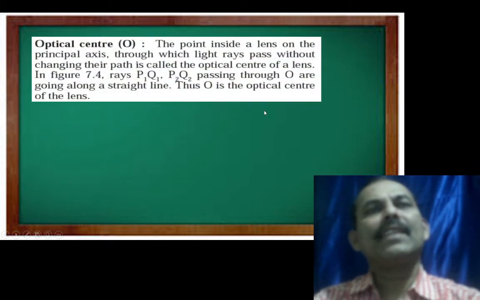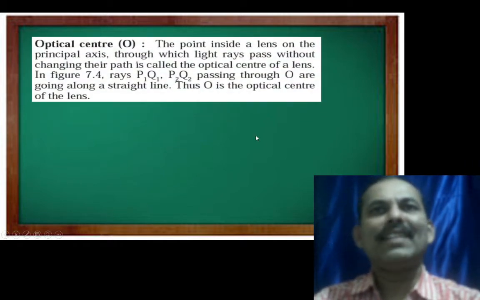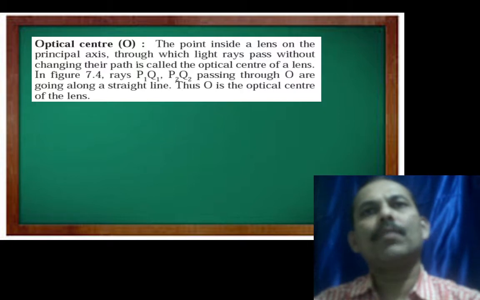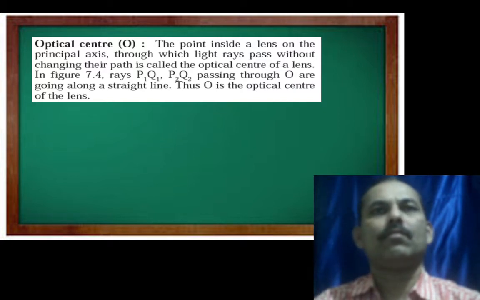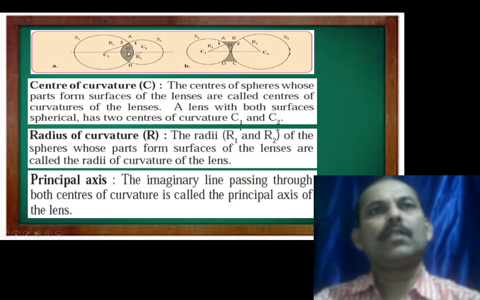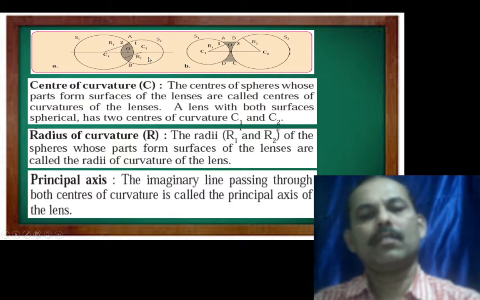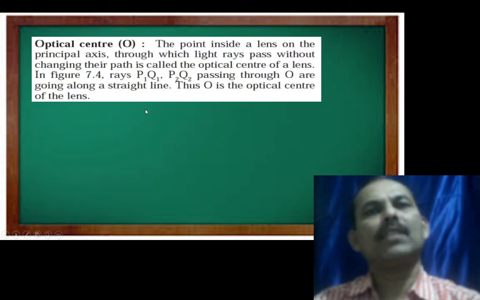Then optical center. The point inside a lens on the principal axis through which light rays pass without changing their path is called the optical center of the lens. If you see the diagram, this is the point of the lens through which the light rays do not change their path when passing through it.